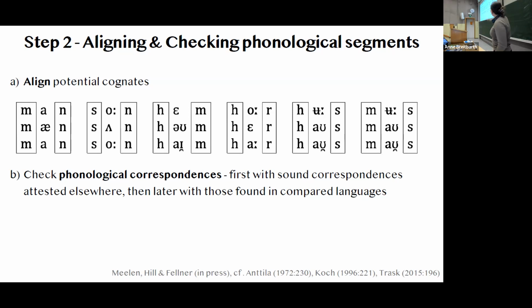So, you know, if you have man and men and man, etc., then they're aligned like that. Now, you check your phonological correspondences, first with sound correspondences attested elsewhere in the language. So, you know, maybe you have more words that end in N or start with M, etc., and see if they also correspond like that. And then later with those found in other languages.